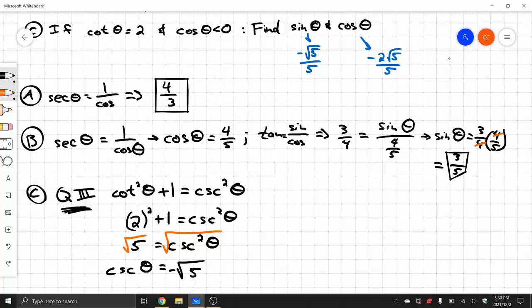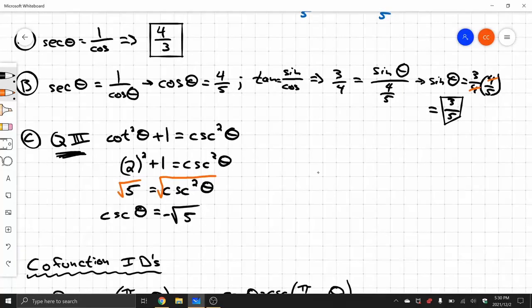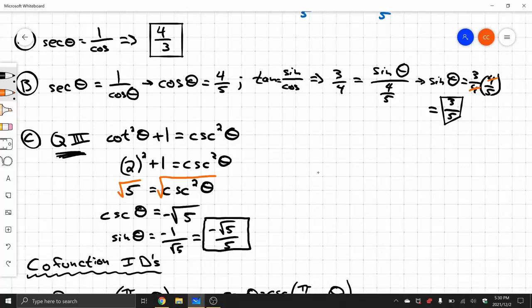And I can use that information to say, if cosecant of theta is equal to negative square root of 5, then sine of theta is equal to negative 1 over the square root of 5, which when I rationalize that is going to be negative root 5 over 5. So that's going to be my sine.